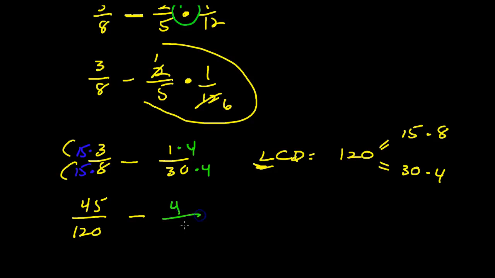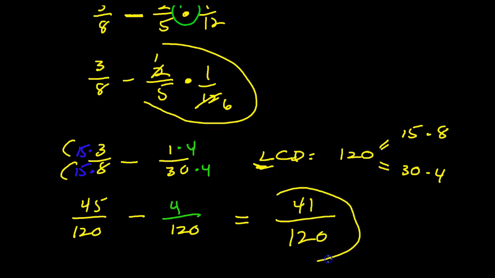So I'll get 4 in the numerator, and 4 times 30 is 120 in the denominator. So I'm now able to subtract the numerators as indicated. I'll get 41 over 120, and I believe that's a final answer. 41 is a prime number, and 120 is, of course, not a multiple of 41.